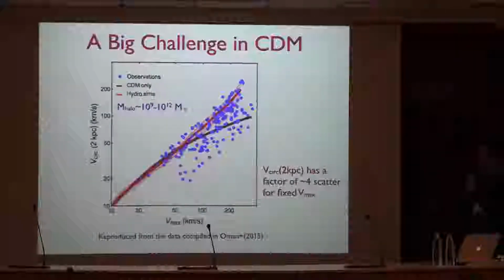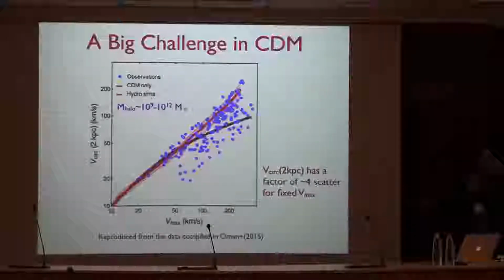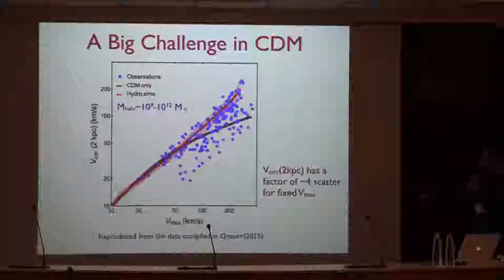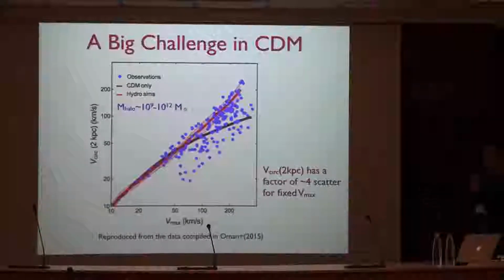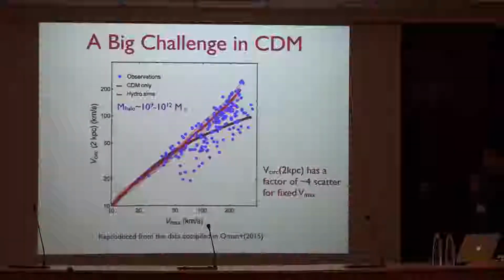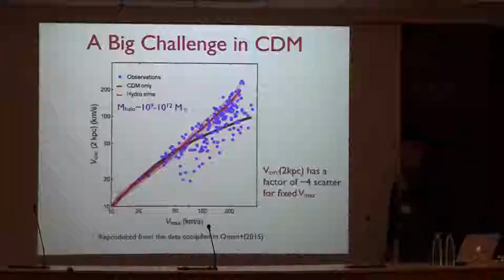And then you can see a bigger spread. When the Vmax is bigger than 50, the spread is about a factor of 4. So the diversity problem is not just there for dwarf galaxies. If you extend it to bigger galaxies, the Milky Way size is around here, even for Vmax around 300 kilometers per second, you have about a factor of 4 spread.